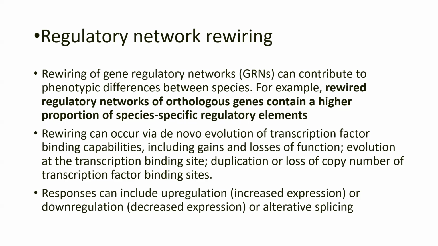Do they bind to that particular nucleotide sequence or the double helix of that particular nucleotide sequence to open it up? So you can see differences in rewiring that involve silencing of a gene, upregulation of a gene, downregulation of a gene, or even alternative splicing, where you get different transcript factors off of the same set of exons because the different exons are stitched together in a different order.